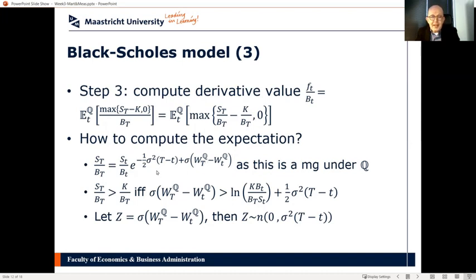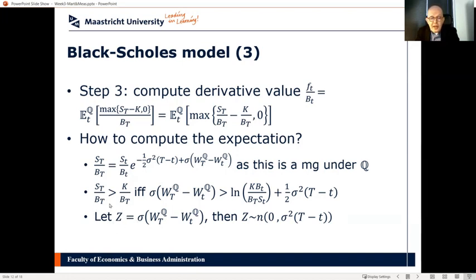And when is this thing in the money? When is S at capital T larger than K? If and only if I can take logarithms on the left and the right and shift some terms around: if the Brownian increment is larger than the log of KB over BS minus 1/2 sigma squared (T minus t).